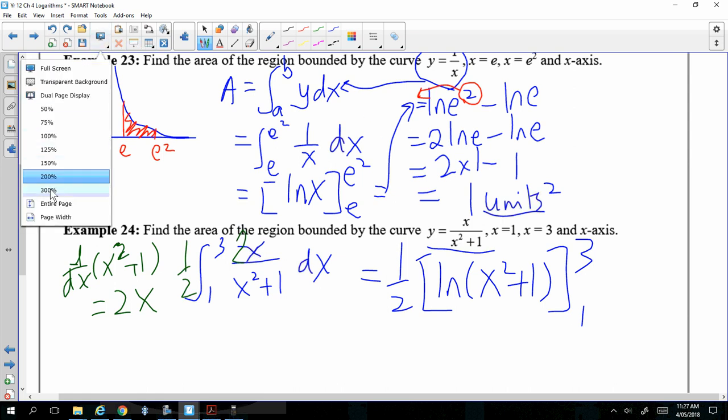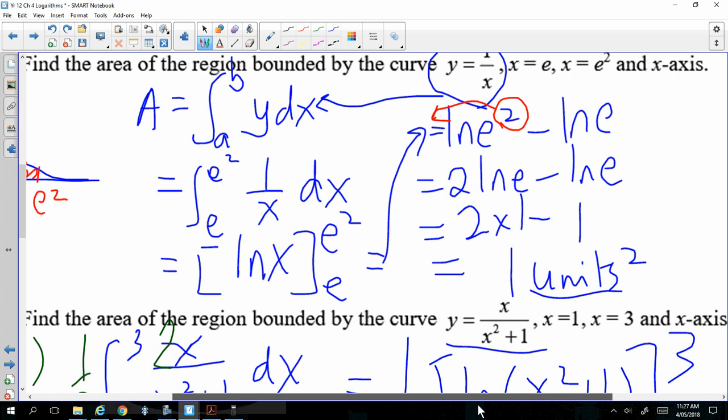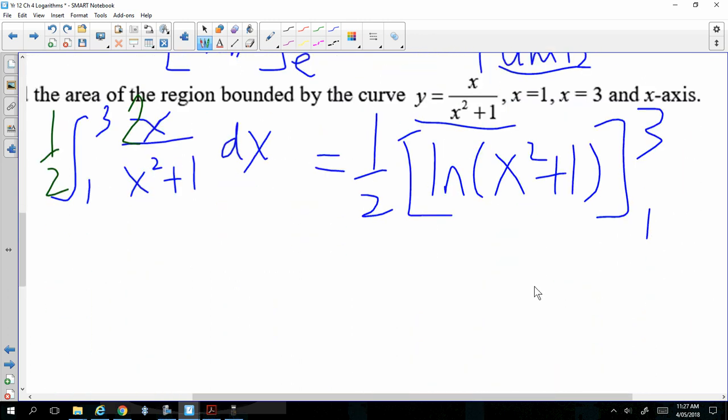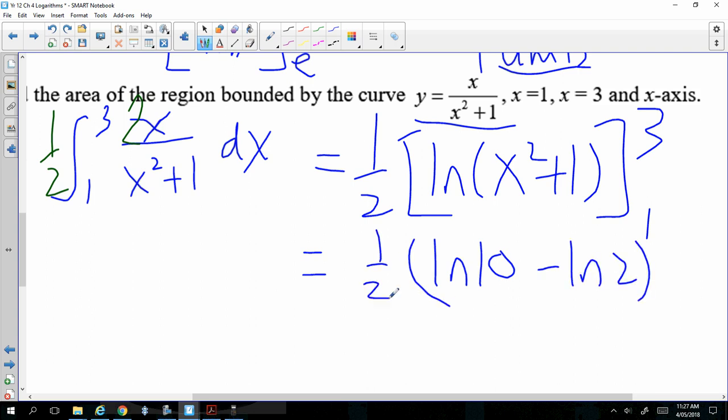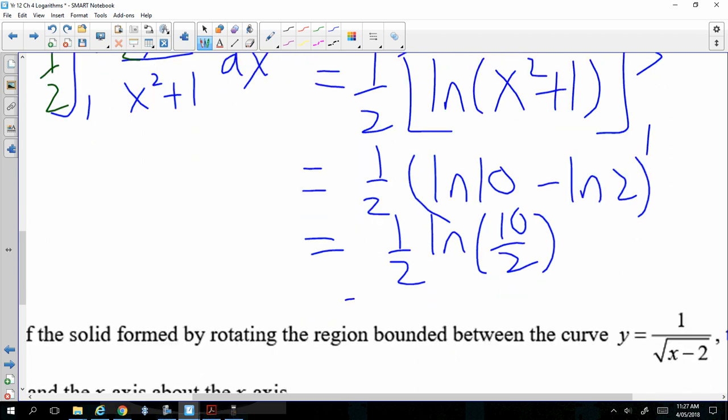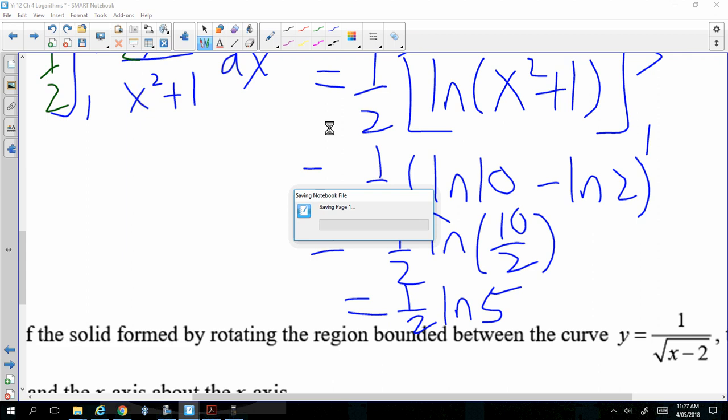Substitute 3, you get 10. Substitute 1, you get 2. Then 10 over 2 is 5. So the answer is half ln 5.